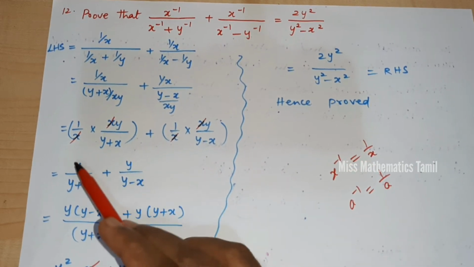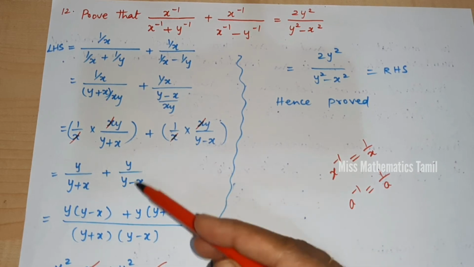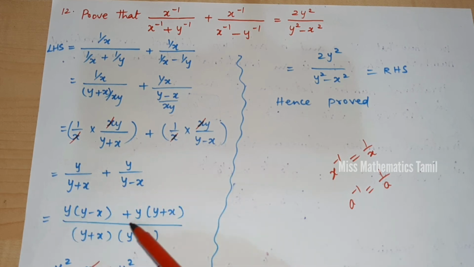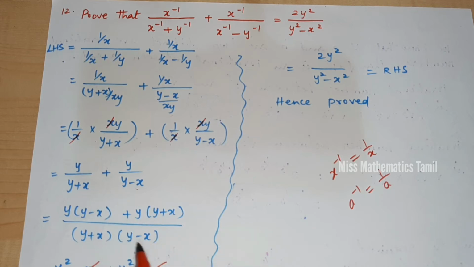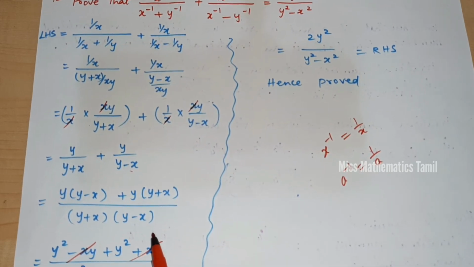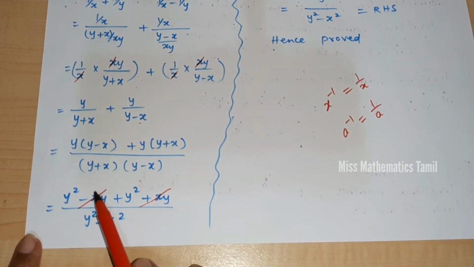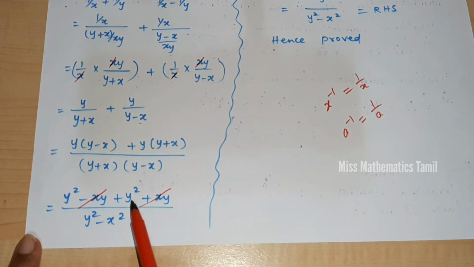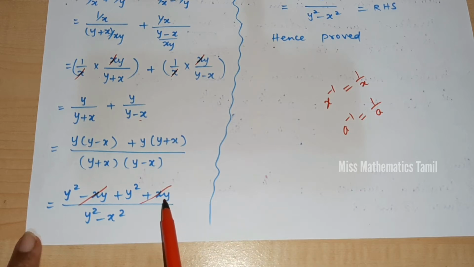Okay, after this again here fraction plus fraction. So I am using cross multiplication. Cross multiplication: y into y minus x plus y into y plus x divided by these two multiplied here. Okay, next y into y square minus y into x minus xy. Here plus y into y plus y square plus y into plus x plus xy.